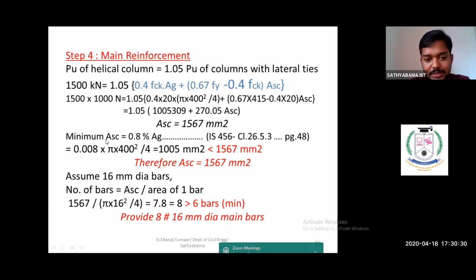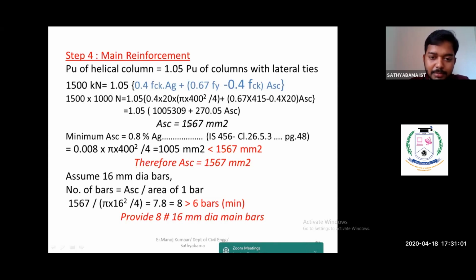Now last class we discussed that minimum reinforcement to be provided in a column should be 0.8% of AG. And this is as per clause 26.5.3 given on page number 48. Now what is 0.8%? 0.8 divided by 100, which is nothing but 0.008 into gross area of column pi into 400 square by 4. And we are getting 1005 mm square.